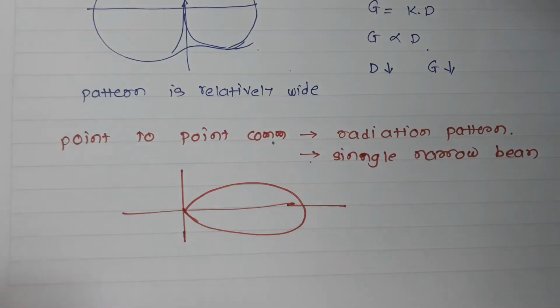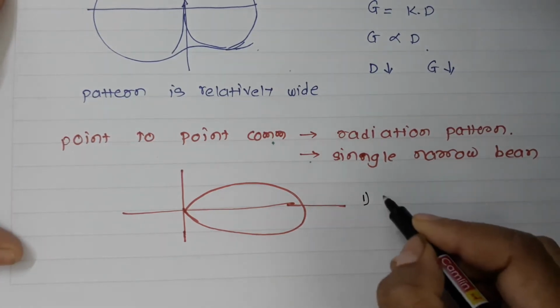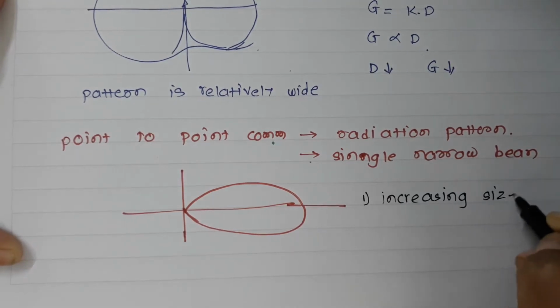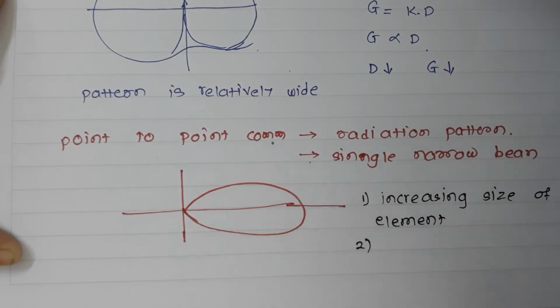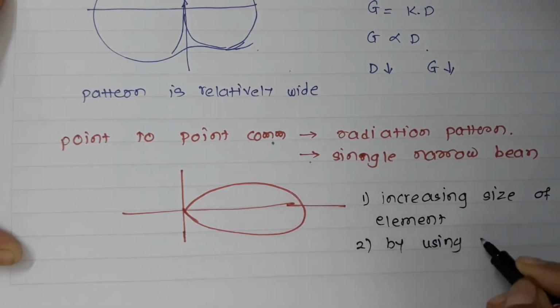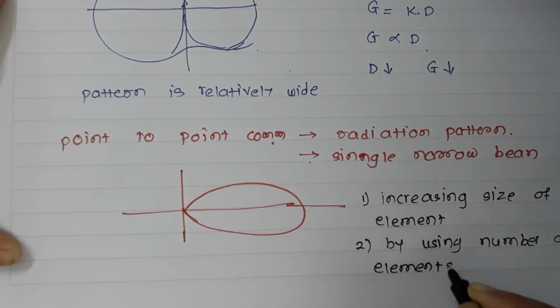To get this kind of narrow beam, I can do one thing: either increase the size of the element, or second, increase the number of elements.